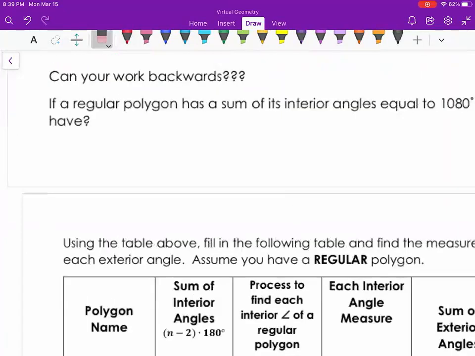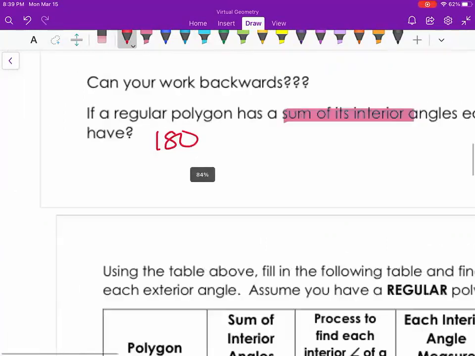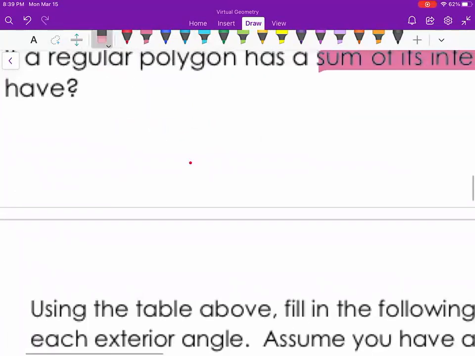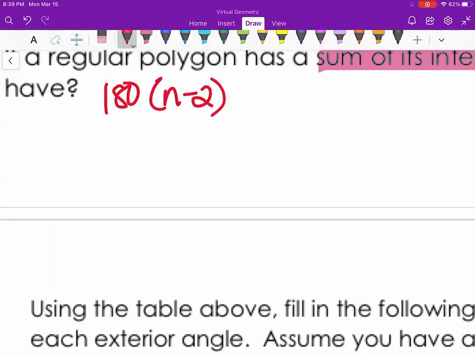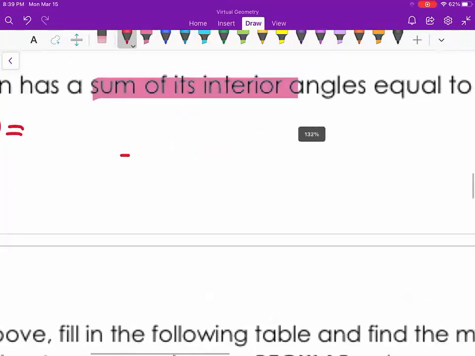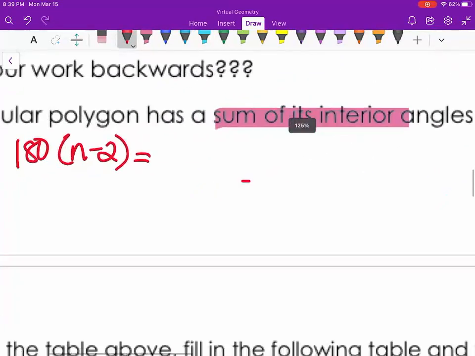If they're giving me the sum of the interior, that is 180 times n minus 2. Sorry, I'm going to zoom in here and make that a little nicer. 180 times n minus 2 is supposed to equal 1080.